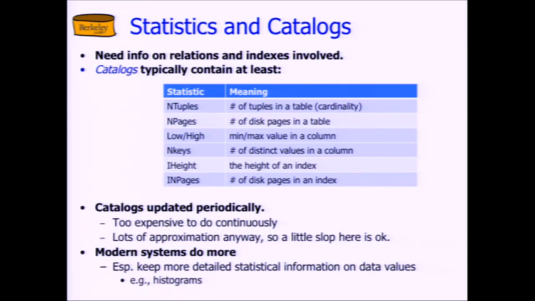But we'll also keep, for every column, the minimum value and the maximum value. And for every column, we'll keep the number of distinct values in that column. If I know the minimum, the maximum, and the number of distinct values, think about drawing a picture. Let's say I'm looking at sailor ratings, and I know they go from 0 to 10, and I know that there's exactly 10 possible values in here.